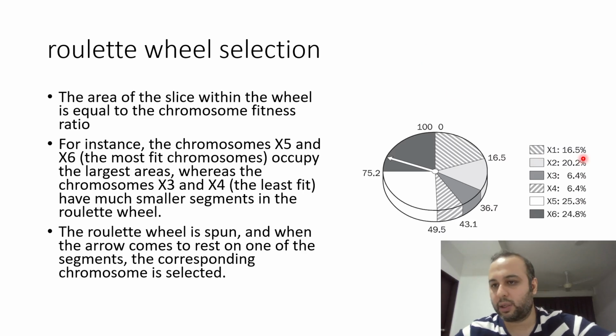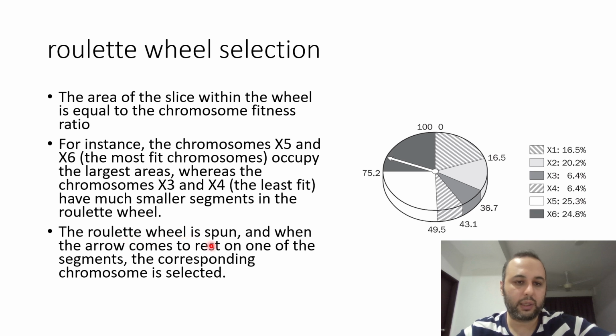For instance, chromosome X5 and X6 occupy the largest area because they are 25 and 24%. Chromosomes X3 and X4 occupy the least, these two.